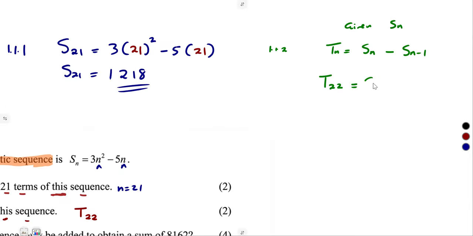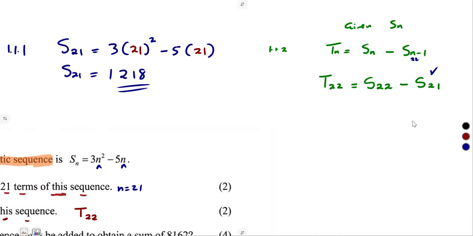So that must be S22 minus S of 22 minus 1, which is 21. So we must have S21. So that's the sum of the first 22 terms minus the sum of the first 21 terms. Remember, we simplify that one.